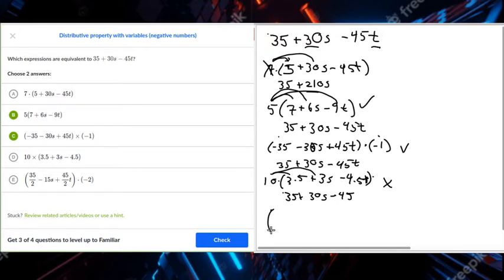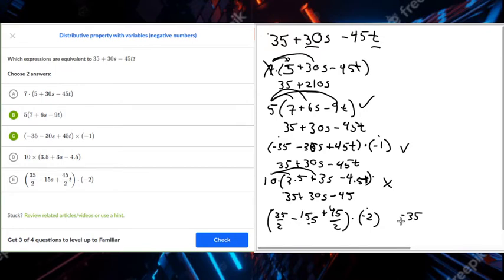Here we have 35 halves minus 15s plus 45 halves t, times negative 2. And if we multiply negative 2 times 35 halves, we're going to get negative 35.